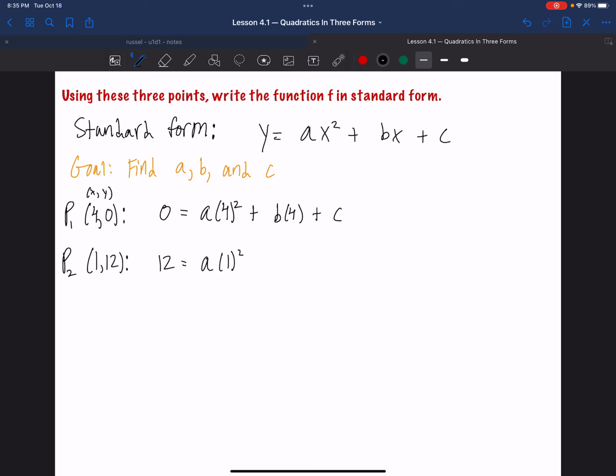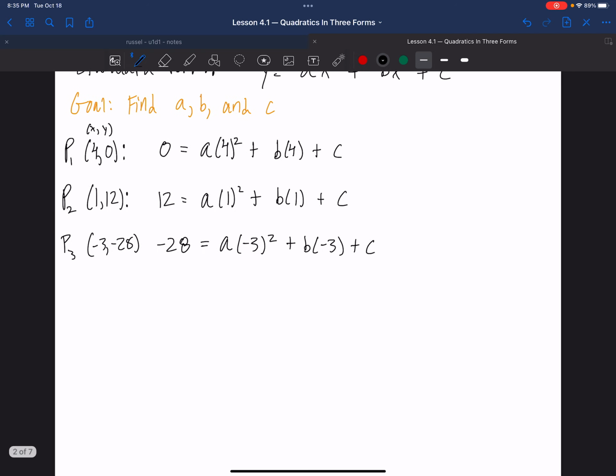So 12 equals a times 1 squared plus b times 1 plus c. Last point, point 3, is (-3, -28), which means y is -28 equals a times (-3) squared plus b times -3 plus c.